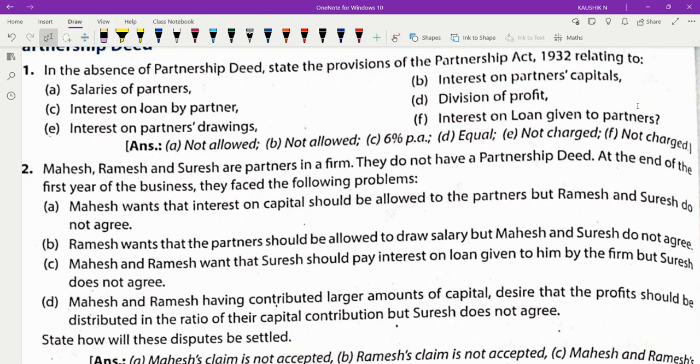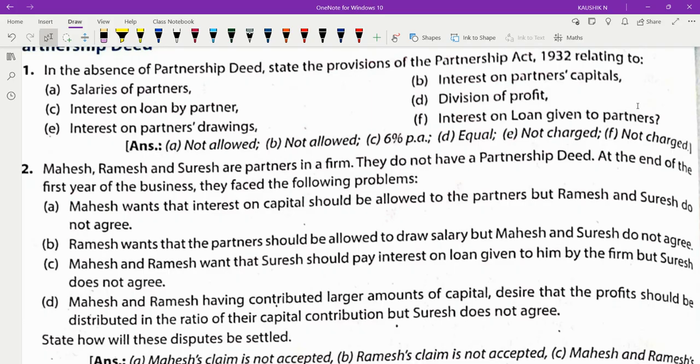Now, what are the points that they are talking about here? First one, salaries of a partner. Tell me whether salary of a partner is allowed or not allowed. Just focus on the item given to you. Salary will be allowed or not allowed, whether there is a deed or not, accordingly you are going to give your answer.